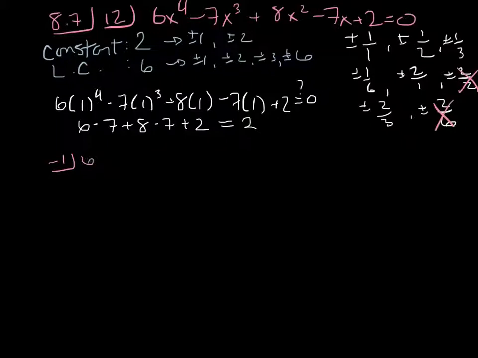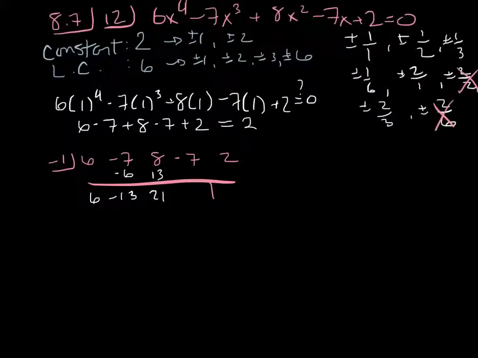And we've got 6, negative 7, 8, negative 7, 2. Now we try that, bring down the 6. And I get negative 6, negative 13, 13, 21, negative 21, negative 28. Positive 28, so not that one. Try, I'm going to skip to 2.